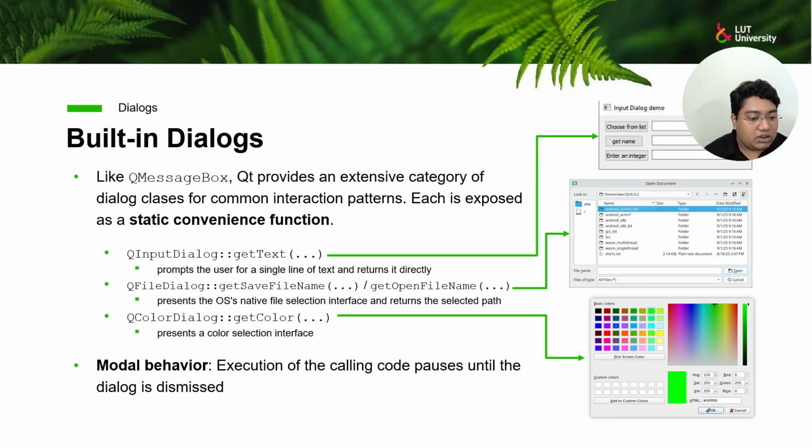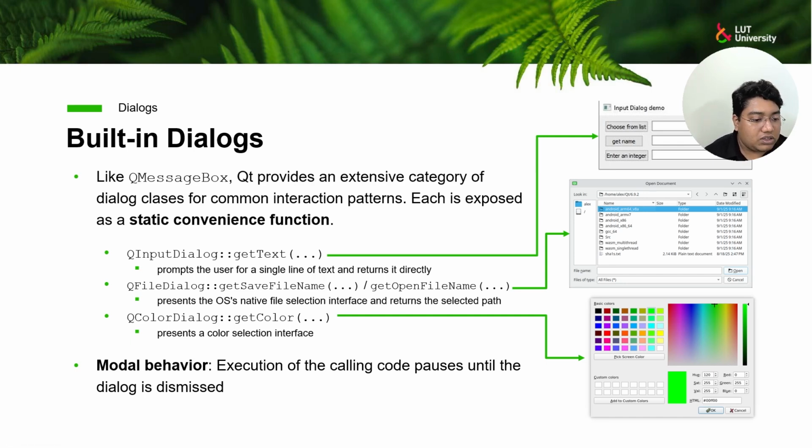If the user needs to choose a file, Qt provides QFileDialog, which is this one. This opens the operating system's native file browser, so the application immediately feels familiar to the user. Now, if you need to choose a color, then there's QColorDialog. Again, Qt already provides it.